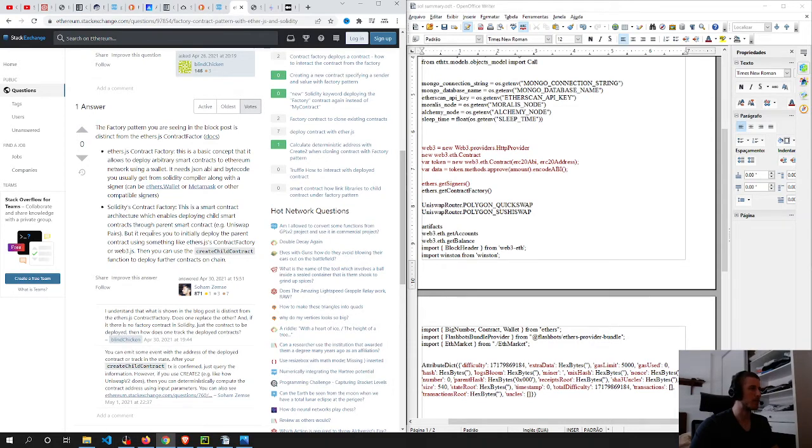I think maybe not, because abstract classes, I think, have some methods that don't have implementation or something like that. I don't remember really well.